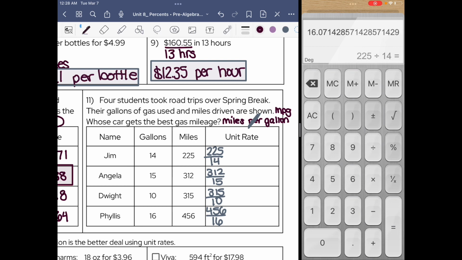Since the third number is a 1, it stays the same. 16.07 miles per gallon. 312 divided by 15. 20.8. 315 divided by 10. 31.5. And 456 divided by 16.